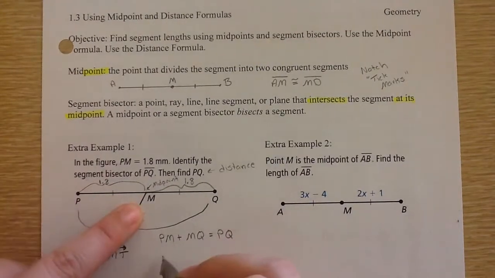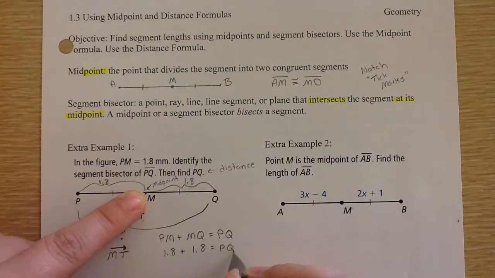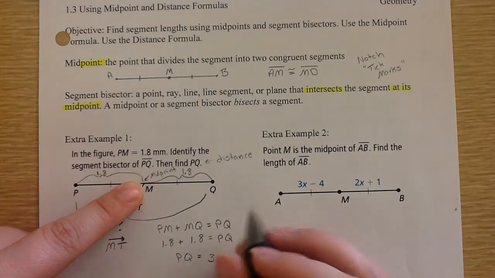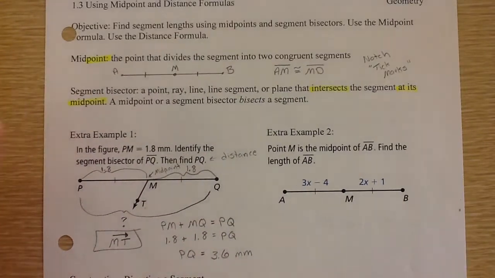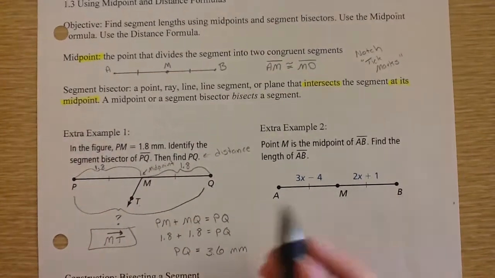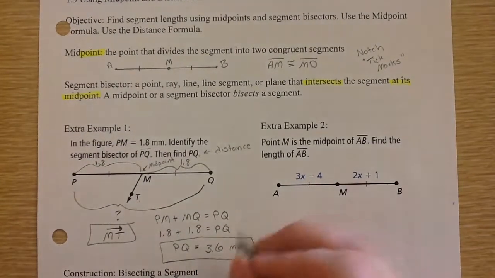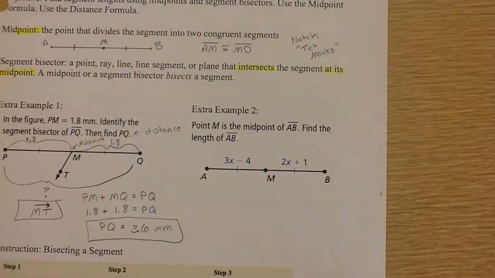Well, we know PM is 1.8 plus MQ is 1.8 equals PQ. So the distance from P to Q is 1.8 plus 1.8, which is 3.6. Put units, millimeters. So here's the segment bisector, the segment bisector is a ray. And here is PQ, 3.6.